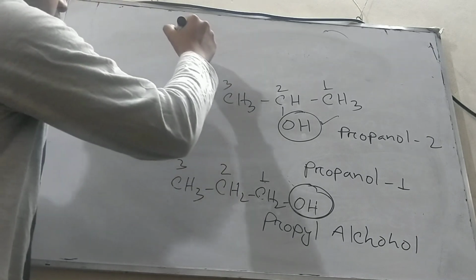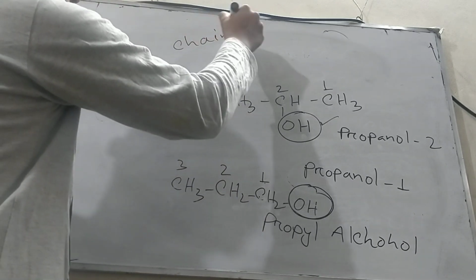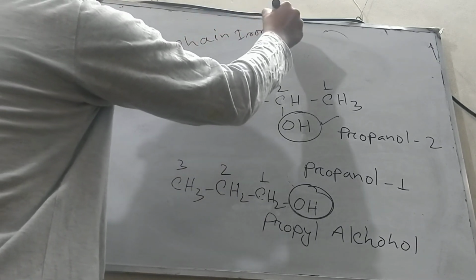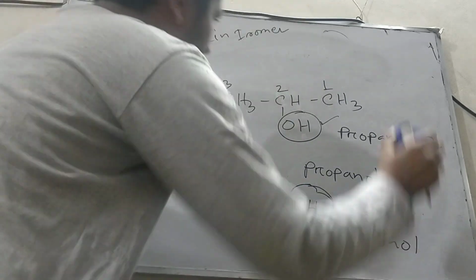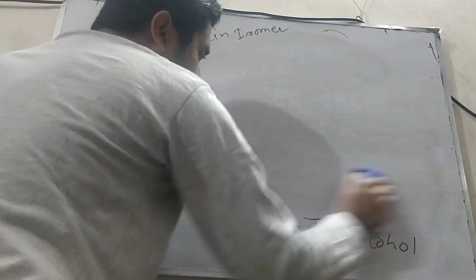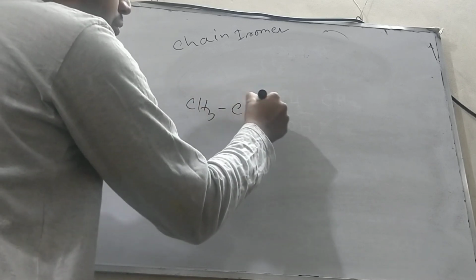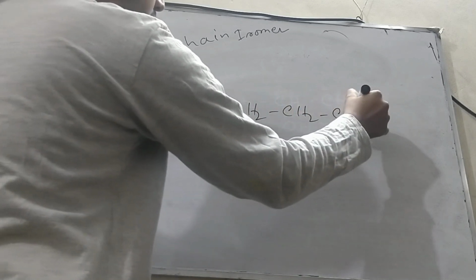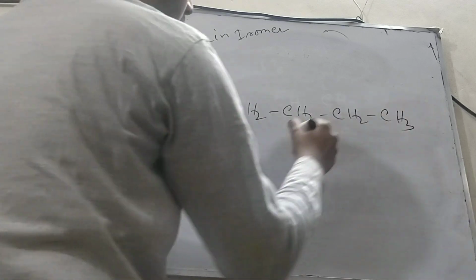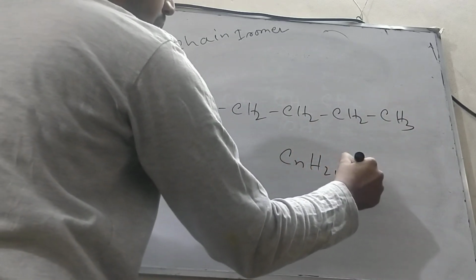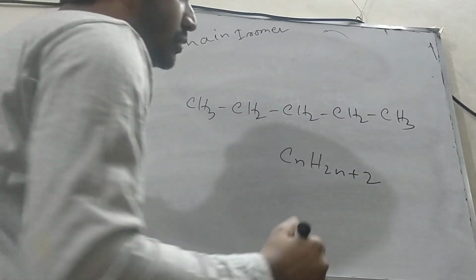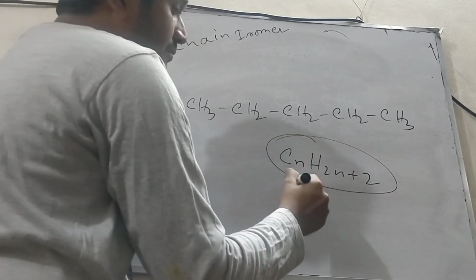Okay. Next, chain isomer. If we write firstly CH3, CH2, CH2, CH2, CH3, CnH2n+2. You have already known about alkane.